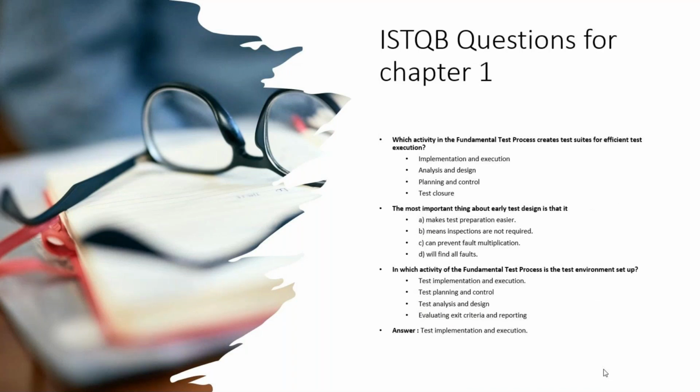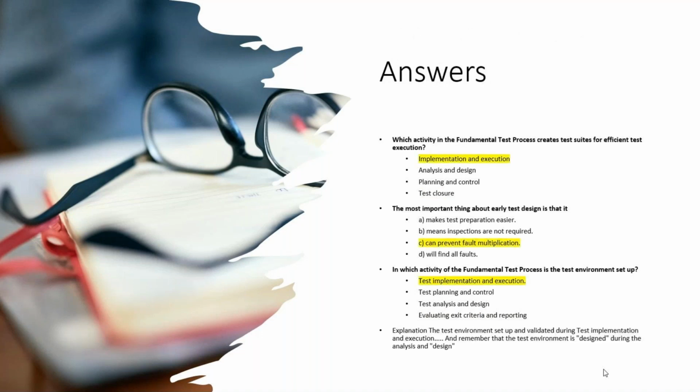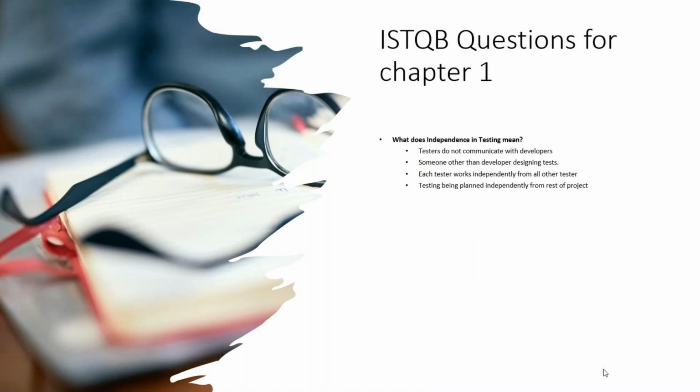Okay, the test process we did not do, so we'll do it in the next class. What does independence in testing mean? The options are: testers do not communicate with developers; someone other than developers designing the tests; each tester works independently from all the other testers; or testing being planned independently from the rest of the project.